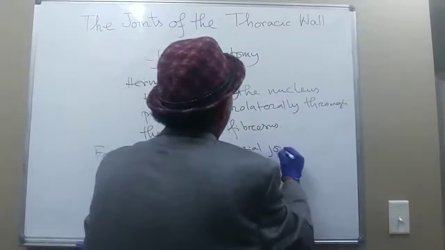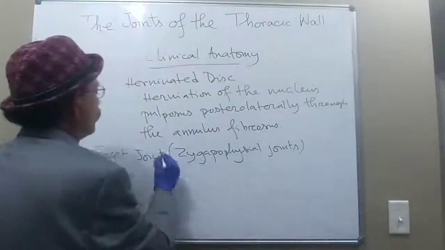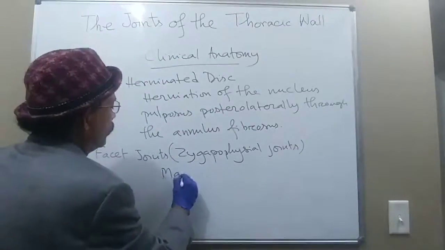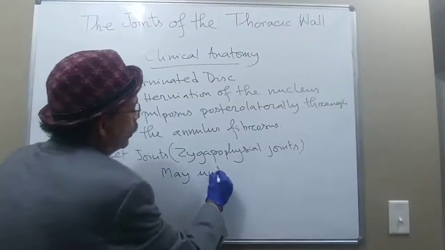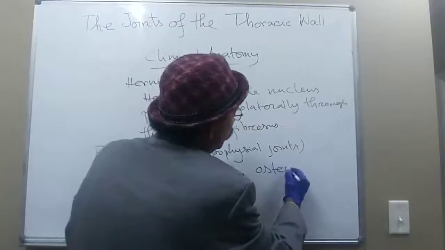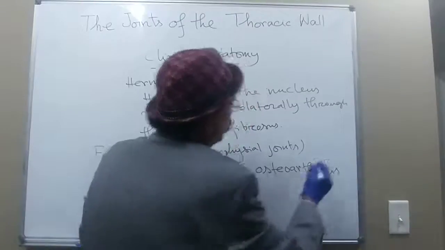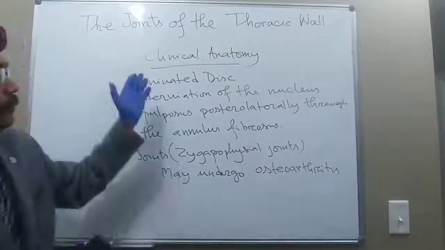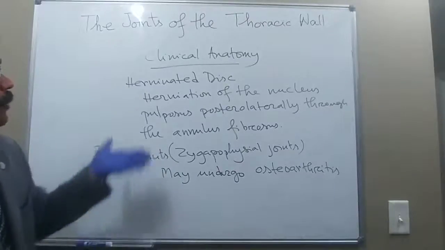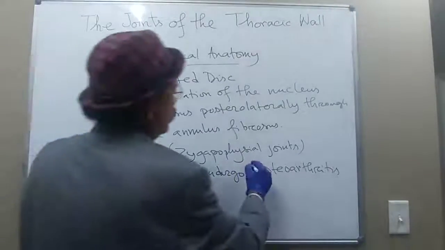The facet joint, or zygapophyseal joint, may undergo osteoarthritis. So these are the common clinical conditions: herniated disc and osteoarthritis.